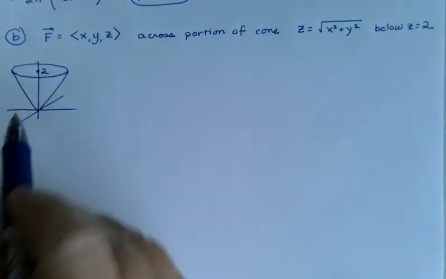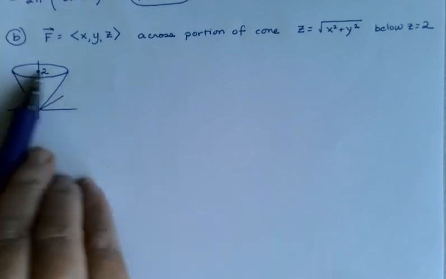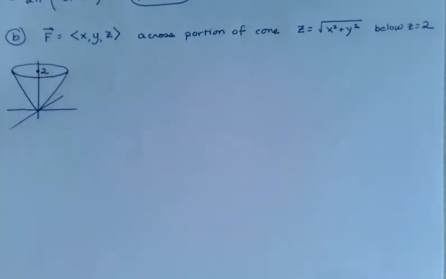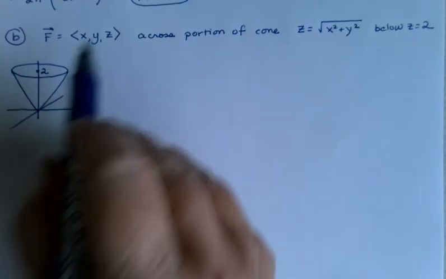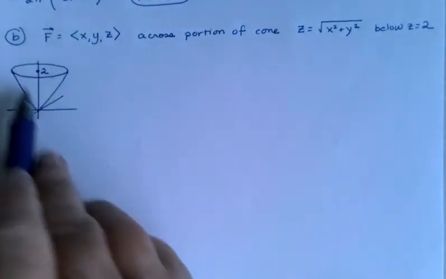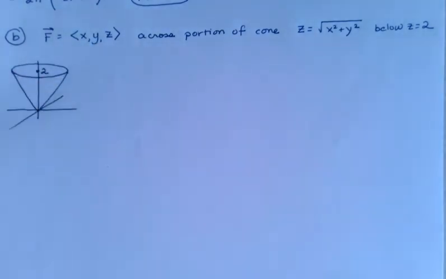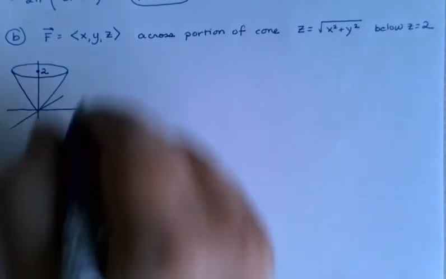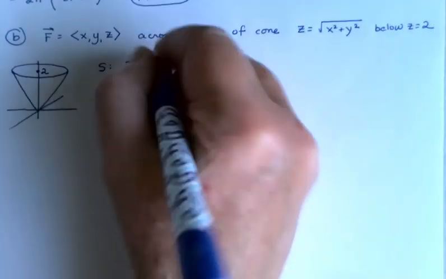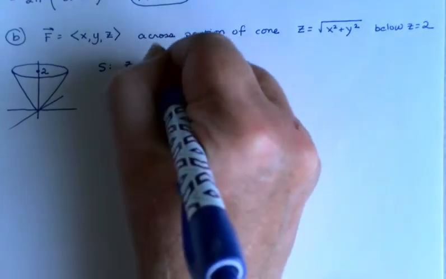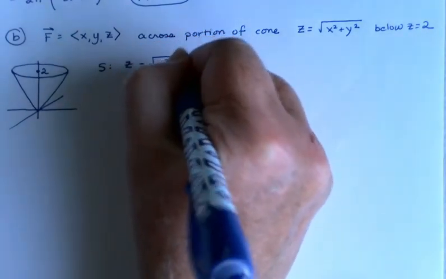But again, I only want the flux across the part of the cone, not across that top, so I'm not going to shade that or anything. This is a lidless piece of a cone. And I want to know what the flux of that vector field is across the surface of that cone. So S, my surface, is z equals the square root of x squared plus y squared.